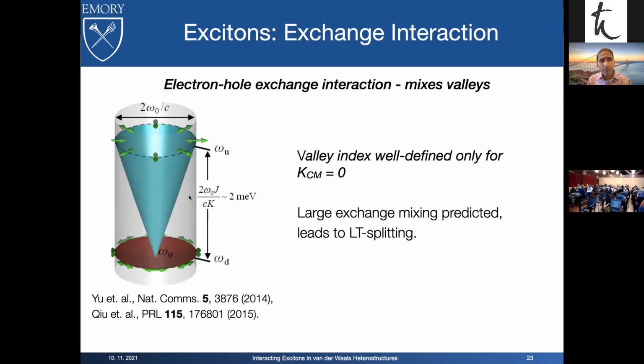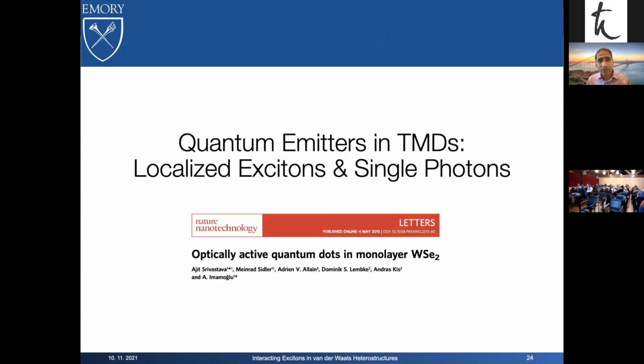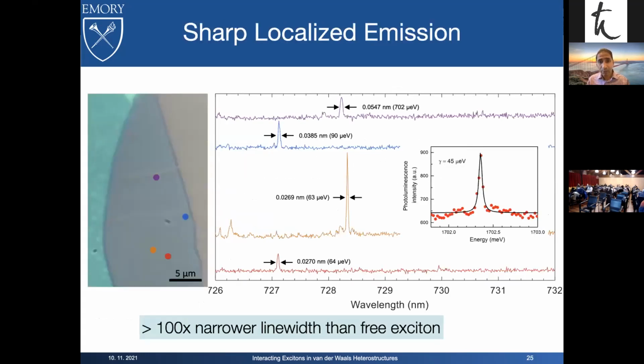Okay, so to solve these two problems, for example, lifetime, what you can think of is confining the exciton. And once you do that, you increase the lifetime. Okay, so that's the first thing which we observed in these materials at low temperature, that excitons do get localized. Here, this is a photoluminescence spectrum taken at low temperature. And these are different localization spots.